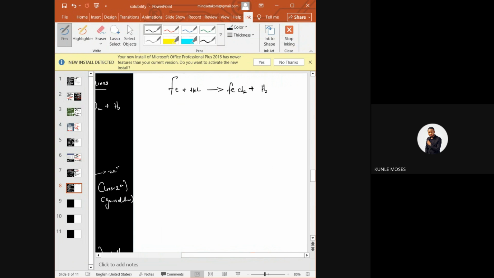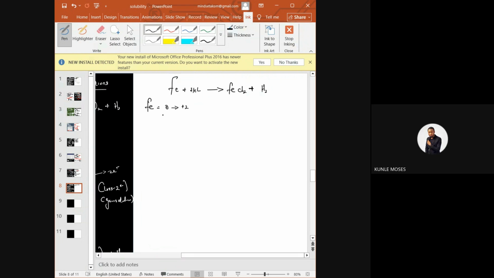Quickly do this. What's the oxidation number for iron? Let's be fast. This is 0, minus 2. This plus 2, plus 2.